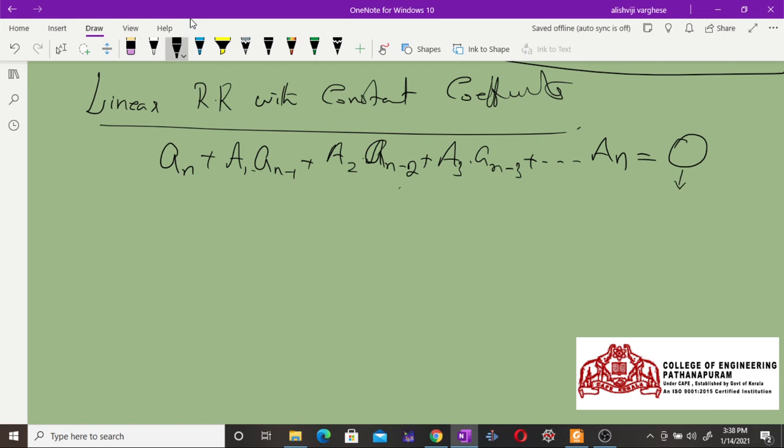Such a linear recurrence relation is known as homogeneous. So for the time being, we are concentrating on homogeneous linear recurrence relations with constant coefficients, and after that we will discuss non-homogeneous linear recurrence relations with constant coefficients.